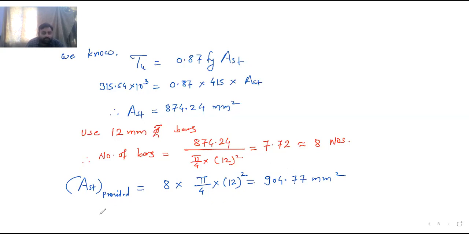Now calculate the spacing. Here I will erase this. On the next board we will take this.